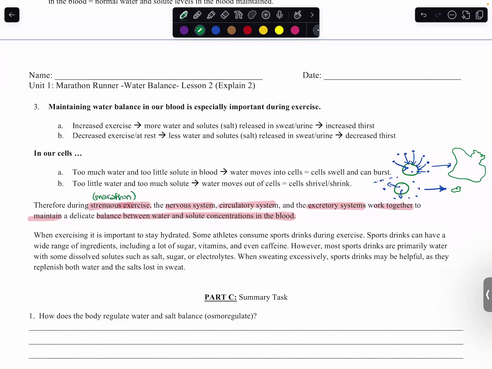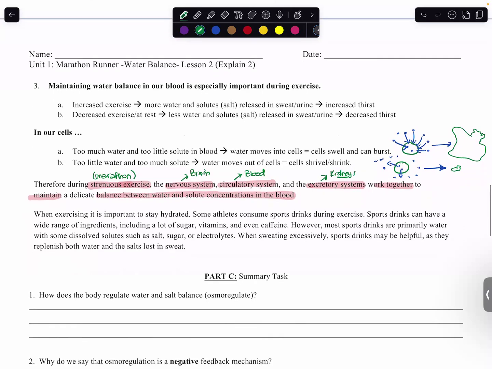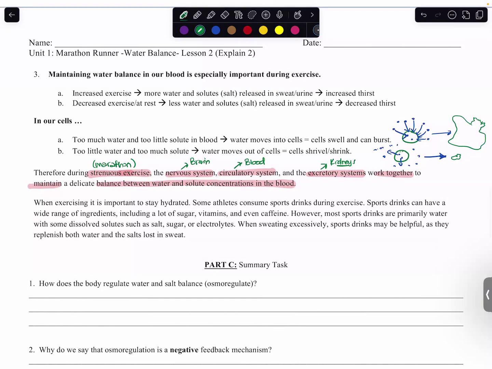When we think nervous system, we really want to think the brain. When we think circulatory system, we really want to think blood. When we think excretory system, we really want to think kidneys. Okay? And they're all working together to communicate with each other to say, hey, we need to maintain the amount of water and salt in the blood.